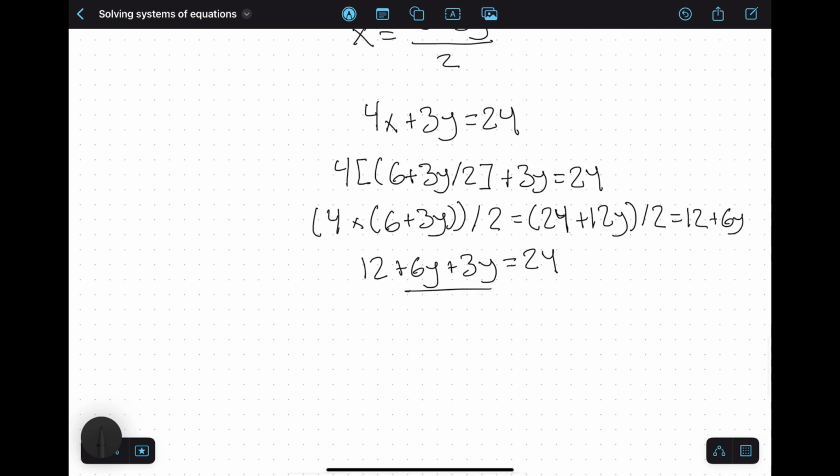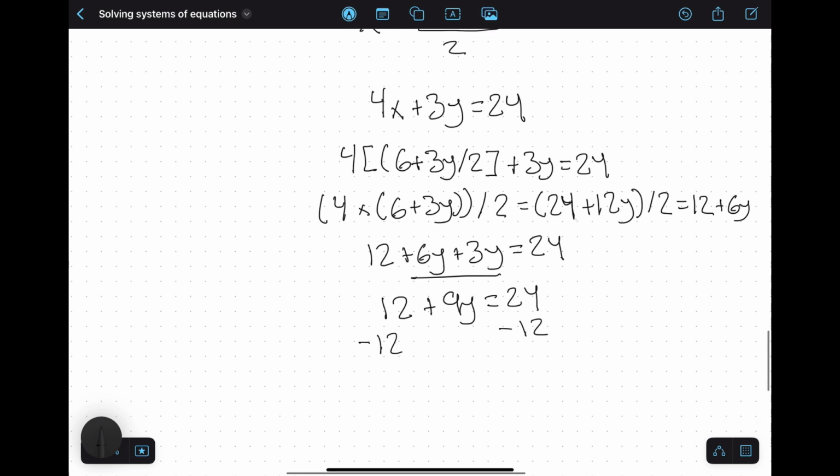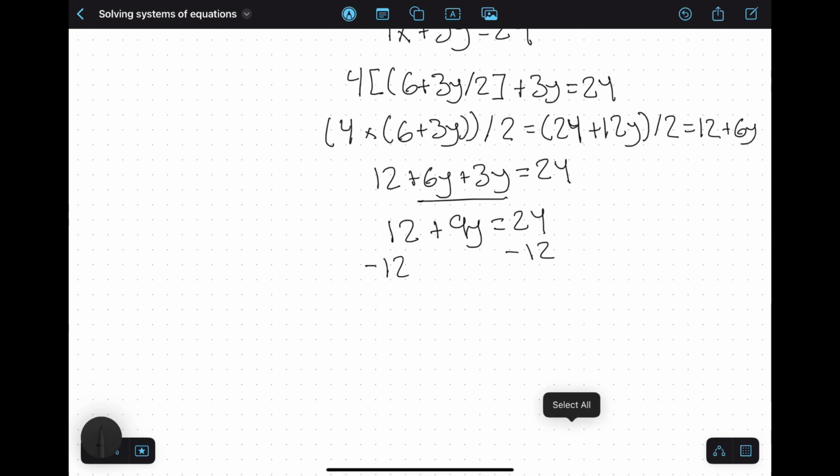So if we add these like terms right here, 12 plus 9y is equal to 24. We have to subtract the 12 on both sides to isolate the variable. So here we have 9y is equal to 12.